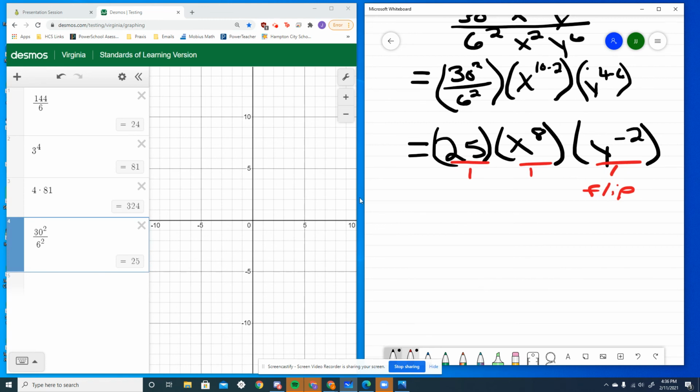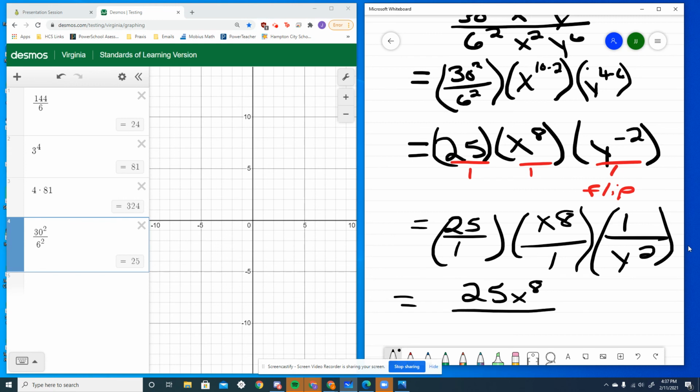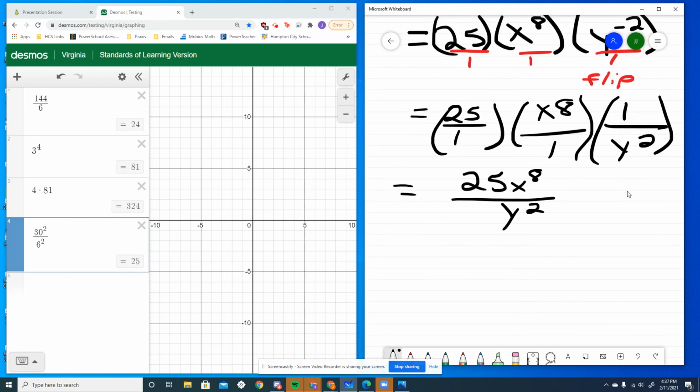So I could rewrite this as 25 over 1, x to the 8th over 1, and flipping y gives 1 over positive y squared. 25 times x to the 8th power times 1 gives you 25x to the 8th power, 1 times 1 is 1, y squared. So it's 25x to the 8th power all over y squared.